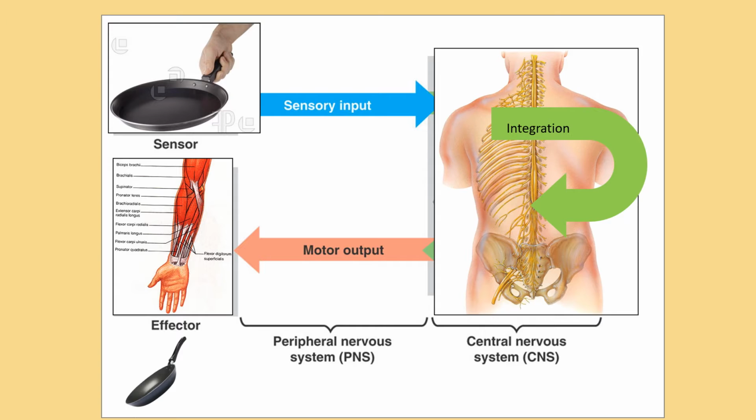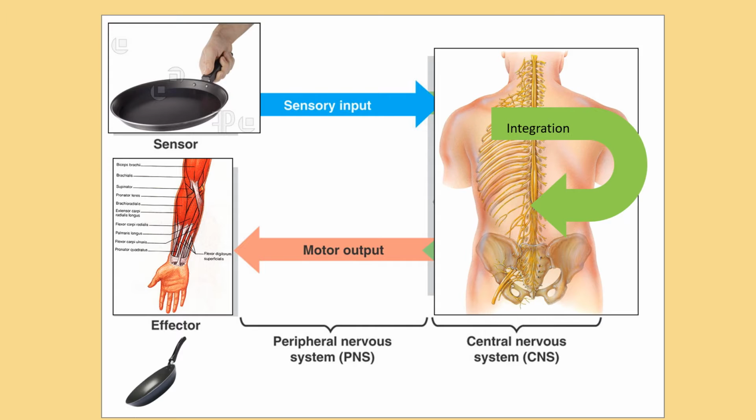So a reflex arc is a sequence of events that occurs in response to a particular stimulus. So there's the stimulus, grabbing a hot pan, and that gives rise to sensory input from the temperature receptors that are present in your skin. And that sensory input travels along afferent neurons toward the central nervous system, where integration occurs.